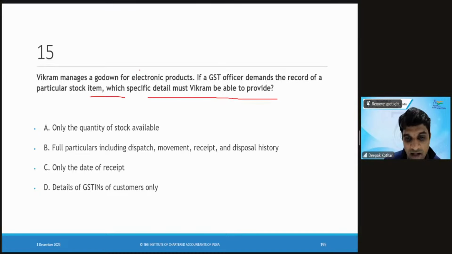Very good. Kulika, Gayatri, Sarang, Nagaraja. Yes, all are giving the correct answers. Sid, Khushi, yes, good, correct answers. You should be able to give the full particulars, including dispatch, movement, receipt, and disposal history.